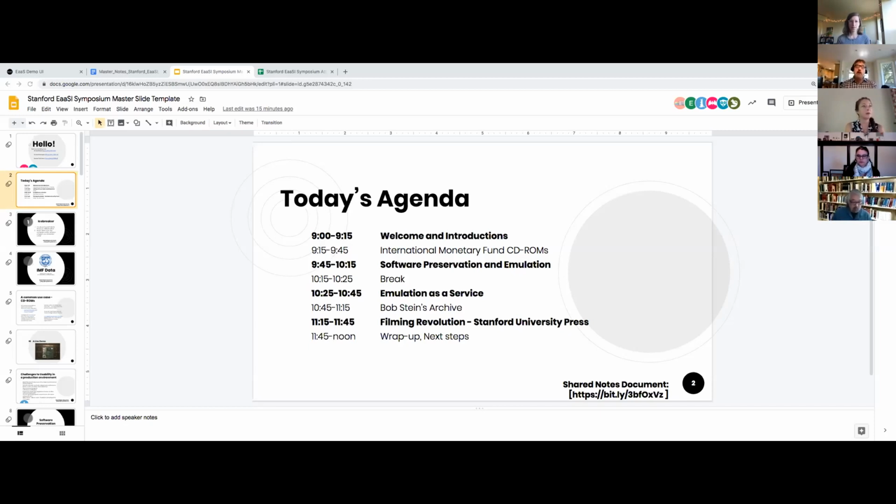This symposium is an opportunity for us to discuss how the Stanford team has begun testing emulation and engage the larger Stanford community as well as members of the local library, museum, and archives community. We're trying to answer, is emulation a technology that would benefit the research community of our university? And we've invited you to join us because we need your questions and insights as we evaluate the interest in this technology and consider the implications of making it a production service.